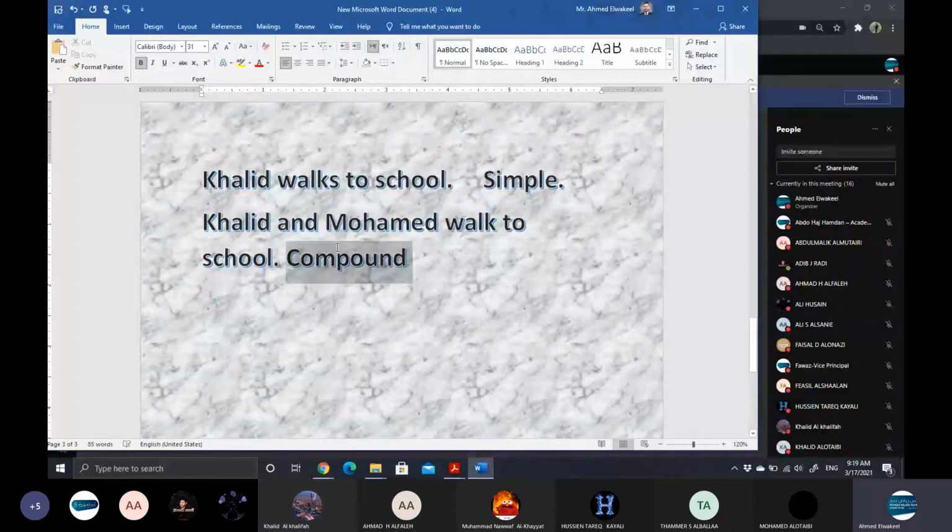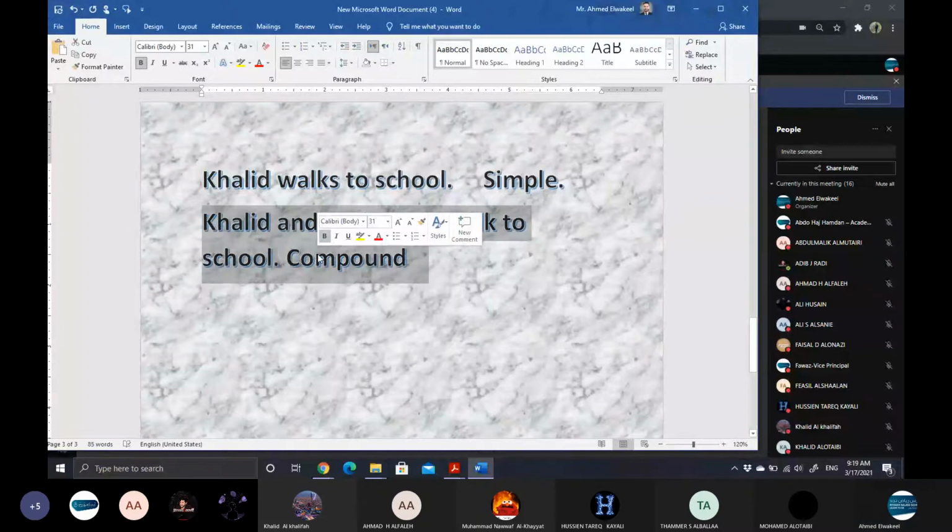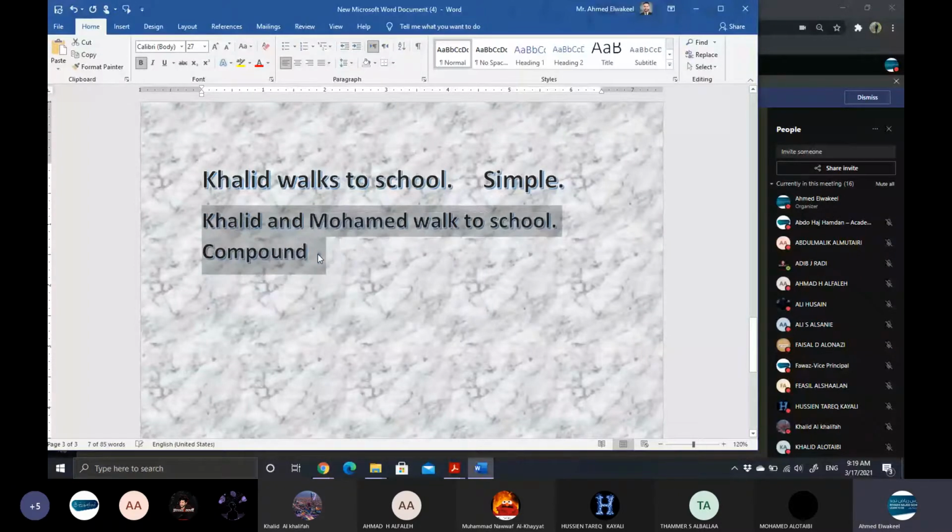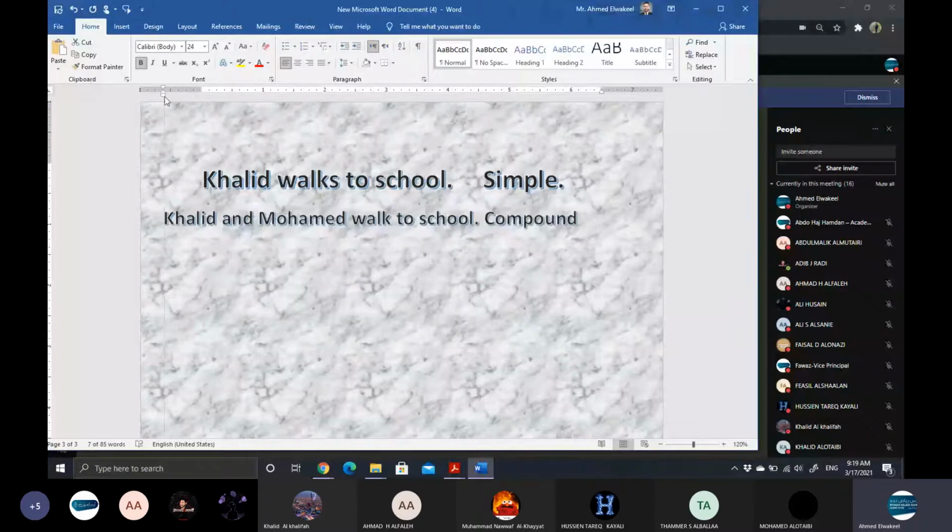Bravo. Excellent, Khalid. So do you think, guys, Khalid is correct? Is this sentence a compound sentence or not? If it's a compound sentence, tell me why. Like the simple sentence, Hussein said it is simple because it can stand alone and has a subject, a verb, and gives us information.